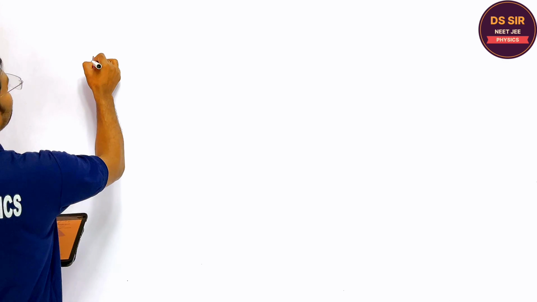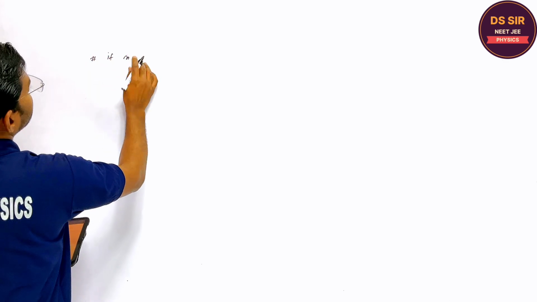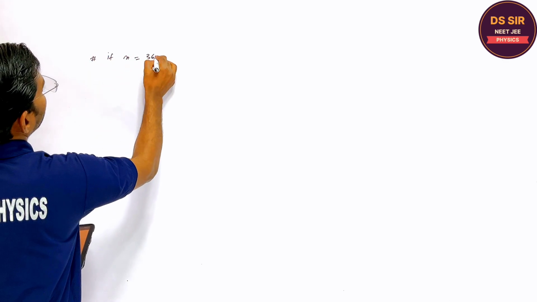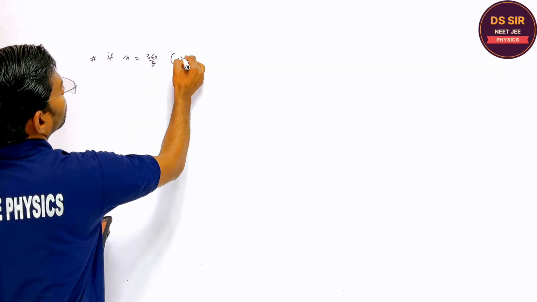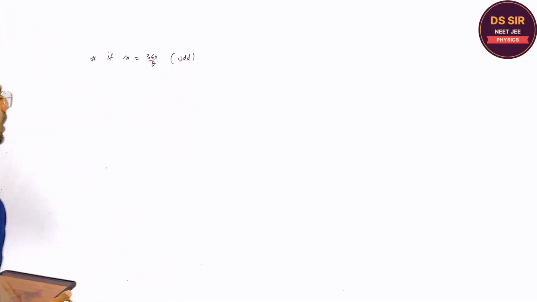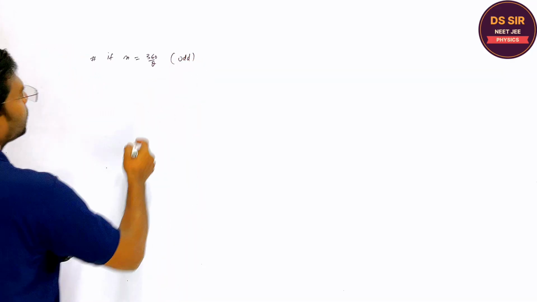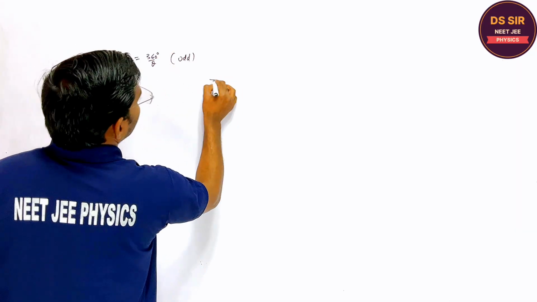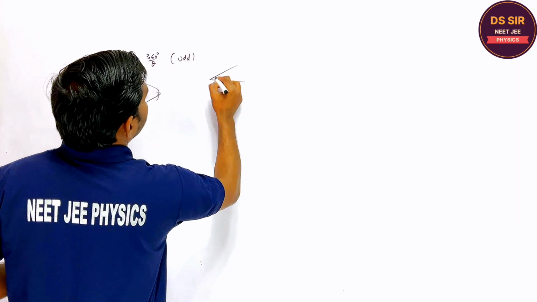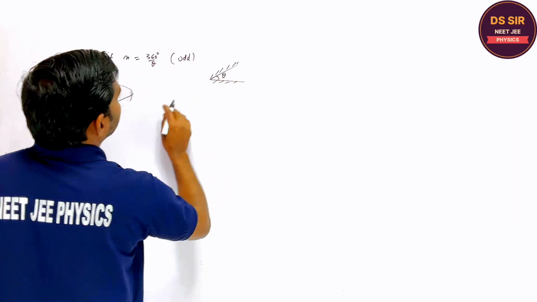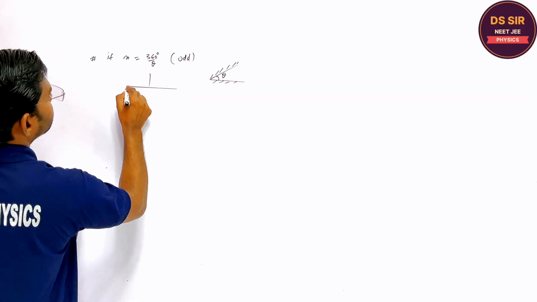Now the case 2 you can write: if n is equal to 360 upon theta and it is odd. If you find n is equal to 360 degree upon theta and it is odd, where theta is the angle between the two mirrors, then there will be two cases.